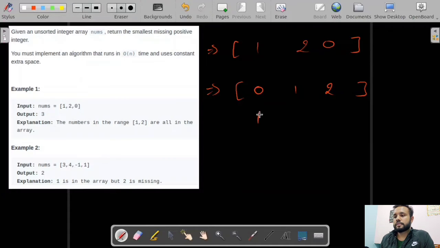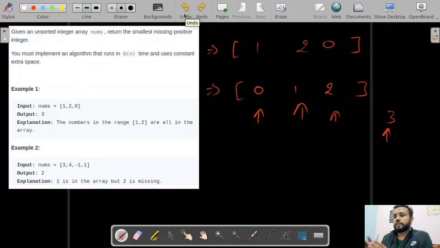Like in this array, 0 is not positive, we ignore this. First positive number is 1, it is present in array. Second positive number is 2, it is present in array. Third positive integer will be 3. So the first missing number in this sequence, which is the smallest positive number, is 3.